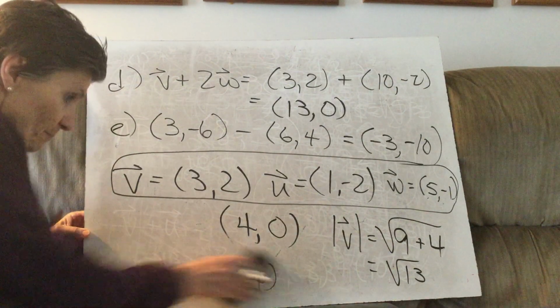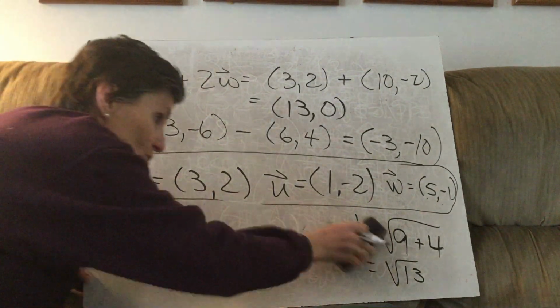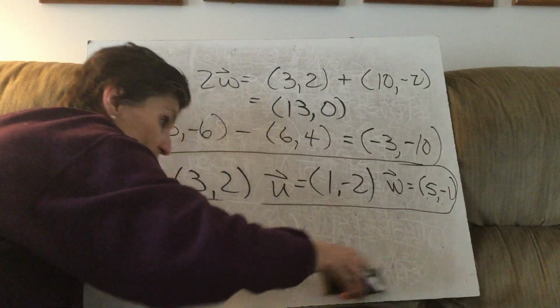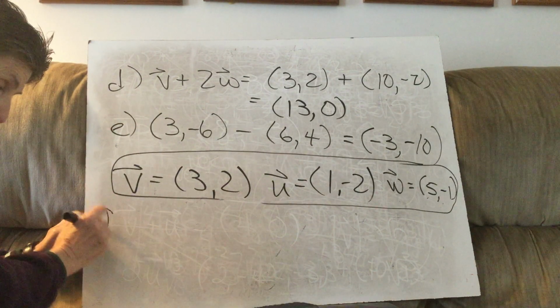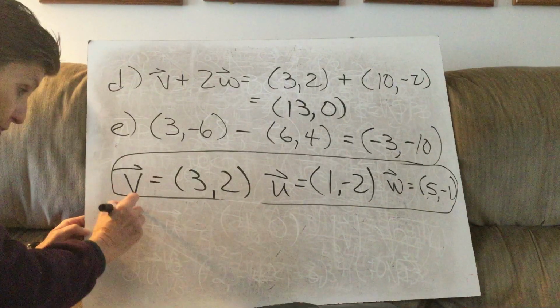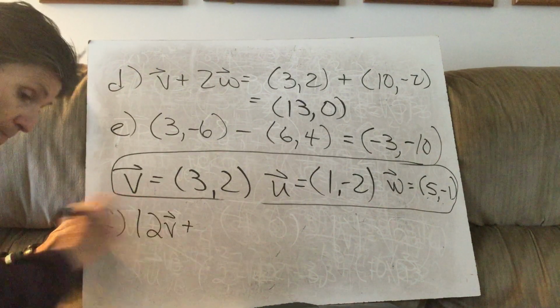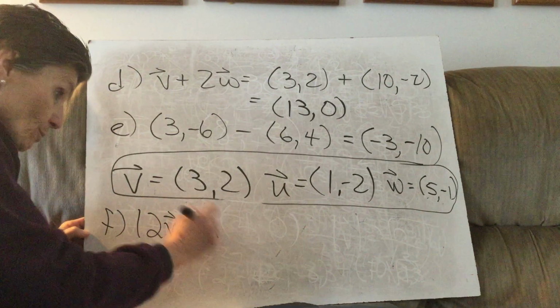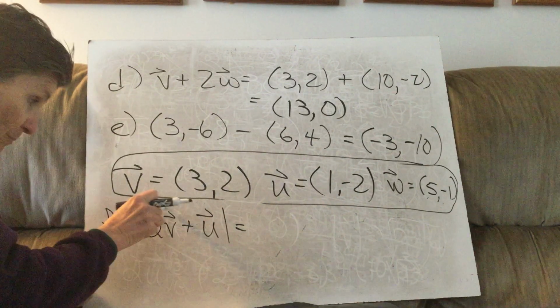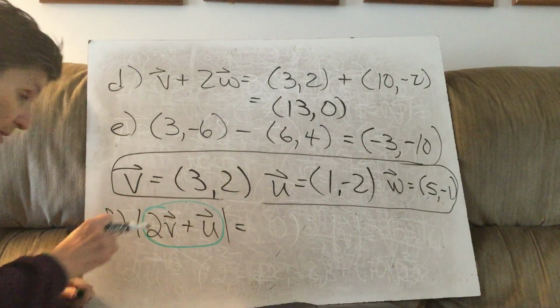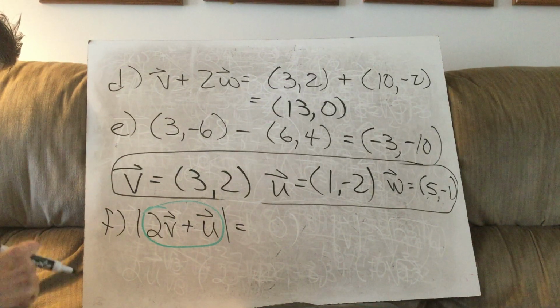All right, now problem F has an extra step to it. It's just like the one we just did, but it has the magnitude symbol. So we need to do 2V plus U. So we're going to start by doing that. We're going to do this part right here first. We're going to figure out what 2V plus U is.